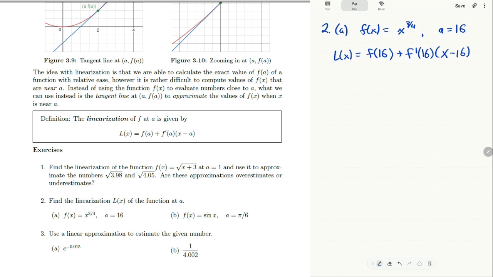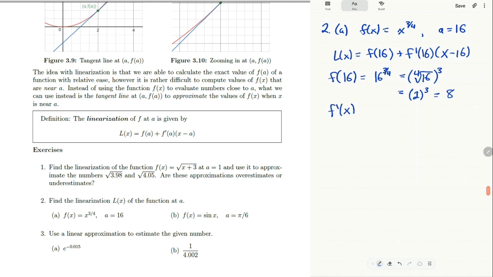So what we need to look for is the function evaluated at 16, as well as the derivative evaluated at 16. So we have 16 to the power of 3 over 4, which is the fourth root of 16, all to the power of 3. The fourth root of 16 is 2, and 2 cubed gives us 8. So f of 16 is equal to 8.